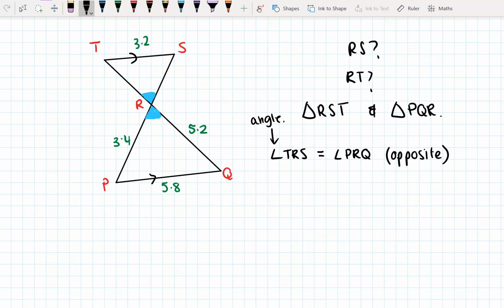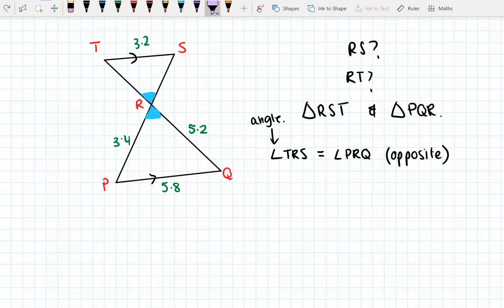So we've now got to look for another one. Hopefully you've realized that we have two parallel lines and a transversal. Oh, and I've just given away what's happening here. We have our parallel lines and our transversal, but we also have a transversal going the other way. You can also very clearly then see what rule we're going to use now, and that's the Z rule.